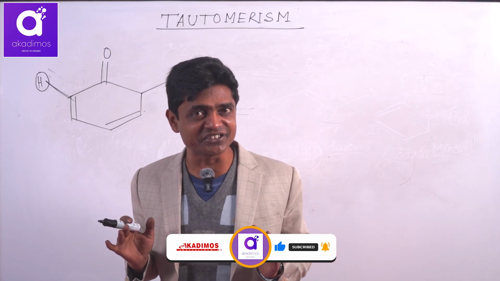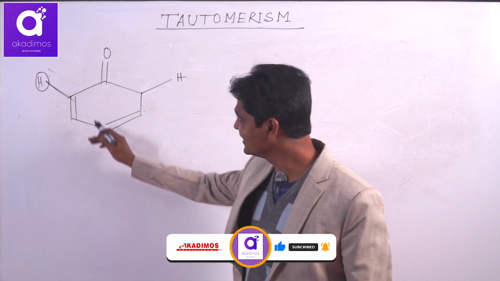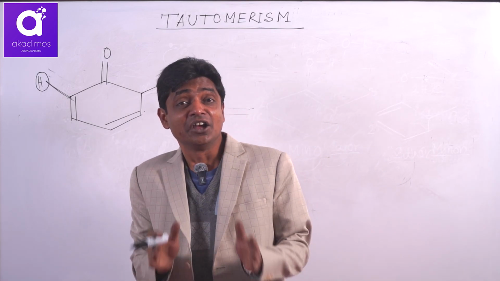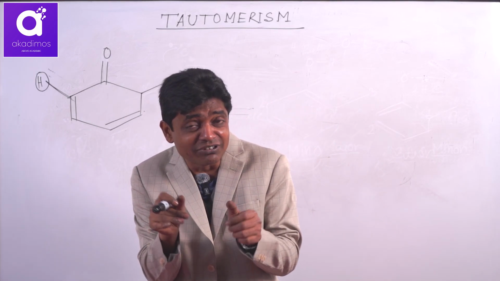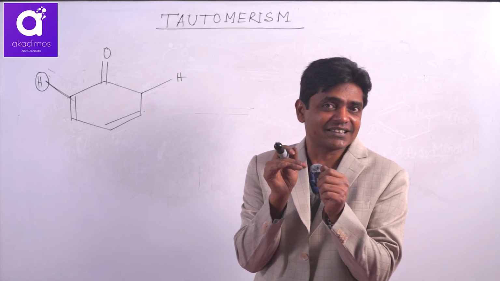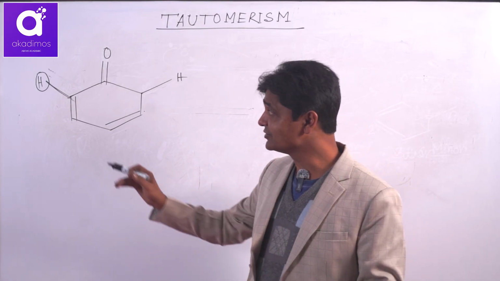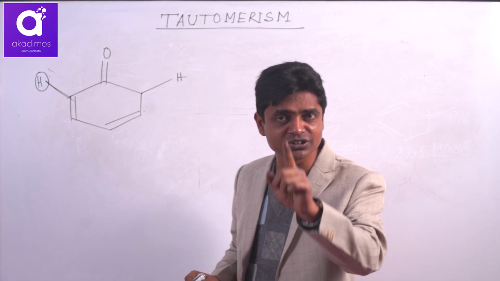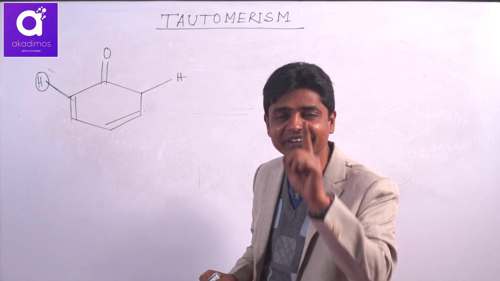The angle should be 180, but here you can form this ring only if the angle is 120. So 180, by force you are making 120. There is 60-degree angle strain. And due to angle strain, you can never form a consecutive pi bond in a small ring.